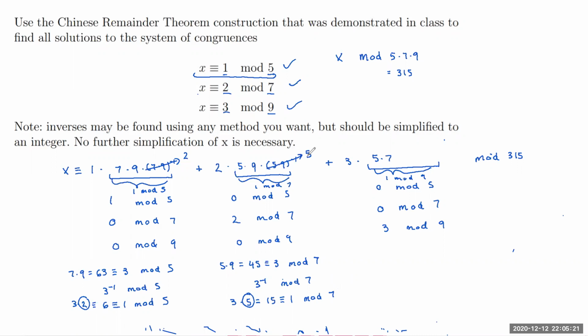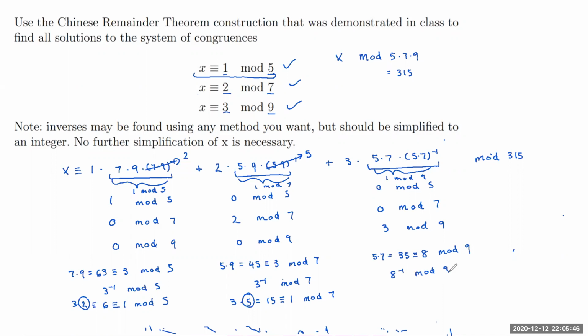Finally, we look at our last term. Also the same process: we would multiply this by the inverse of 5 times 7, mod 9. 5 times 7 is equal to 35, and 35 is equivalent to 8 mod 9. So we would want to look for 8 inverse mod 9.